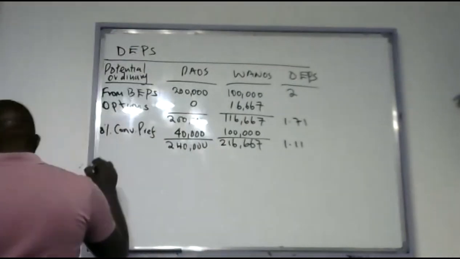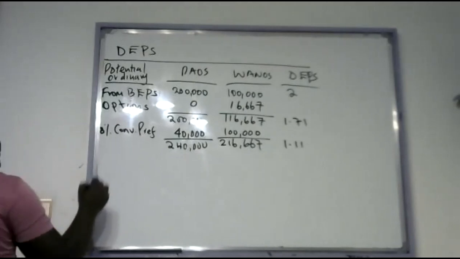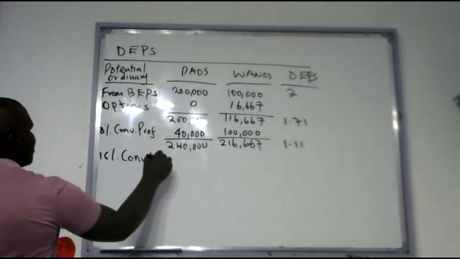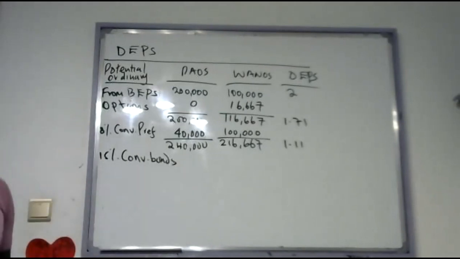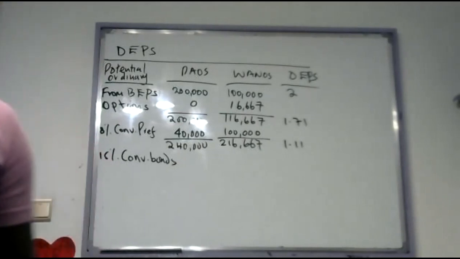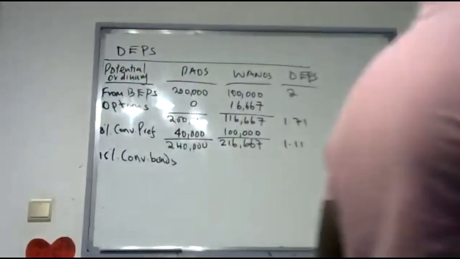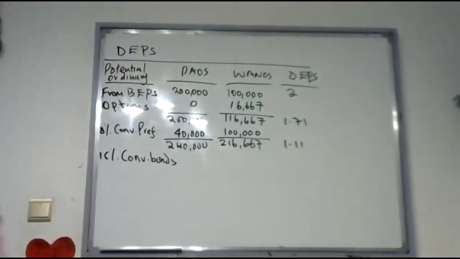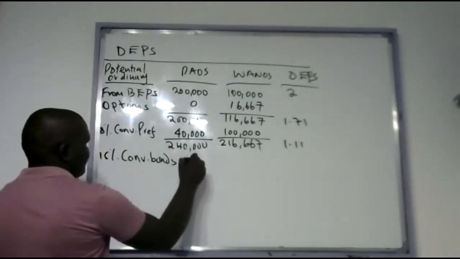Then the last one is the 15% convertible bonds. So the 15% convertible bonds gave us 10,500.